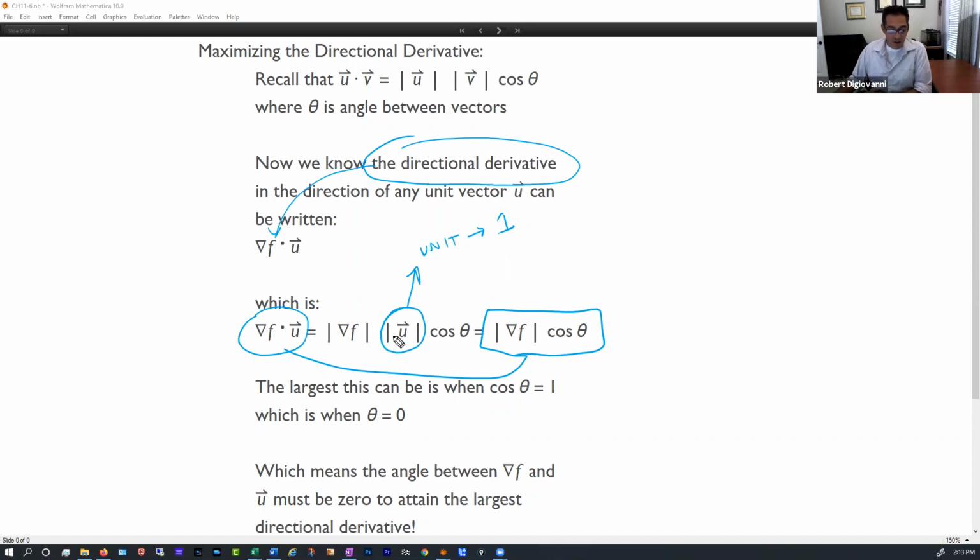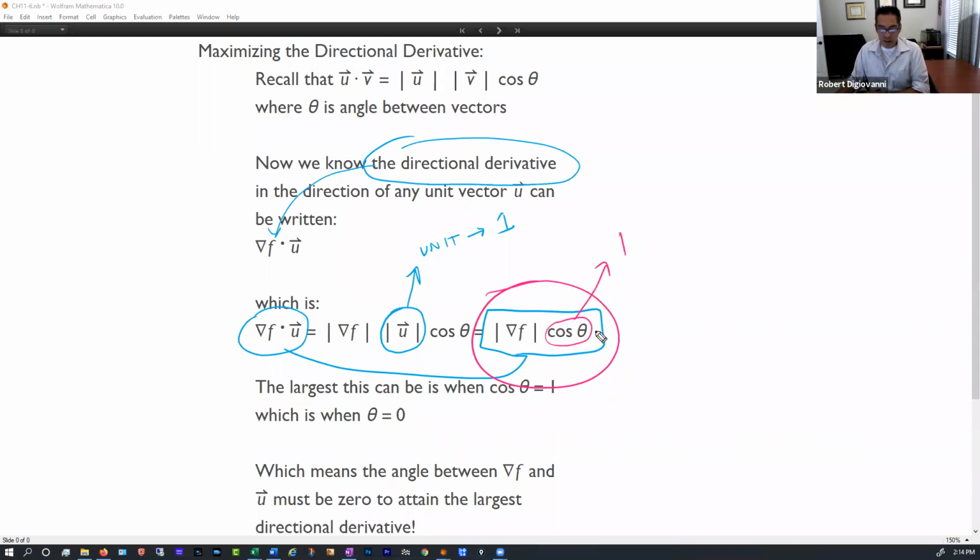The directional derivative is simply equal to the magnitude of the gradient vector times cosine of the angle between the gradient vector and the direction you're pointing, right? But if you want this to be as big as possible, the largest this could ever be is when this right here is 1.